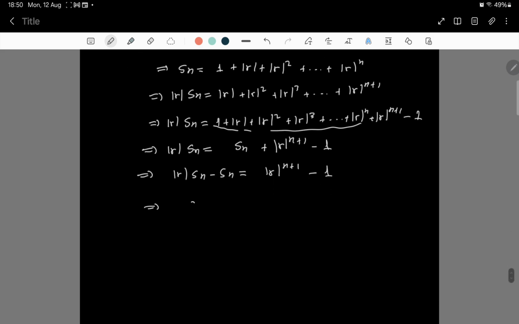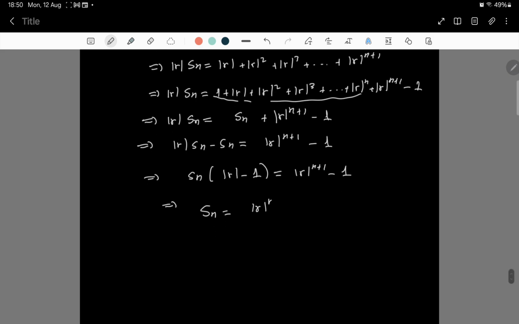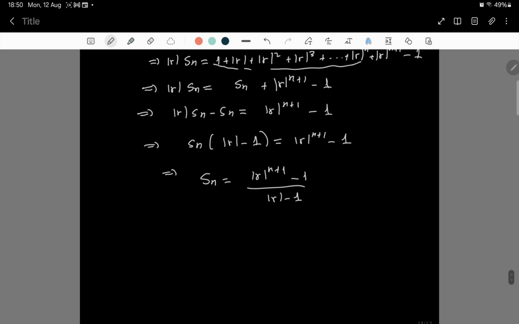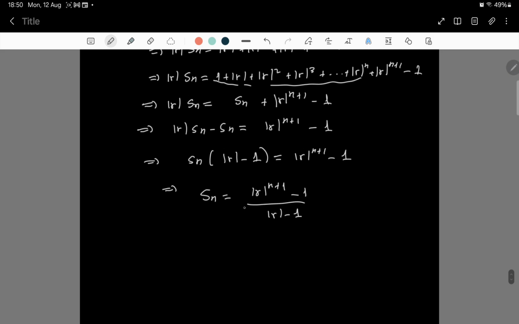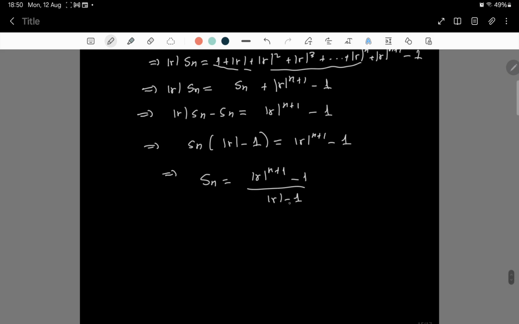I take the common factor Sn. And then I solve for Sn. So Sn is r to the power of n plus 1 take away 1 in the numerator, and in the denominator we have r take away 1.